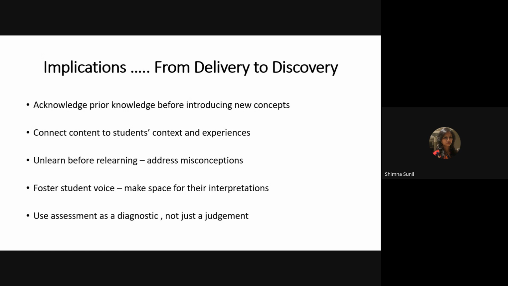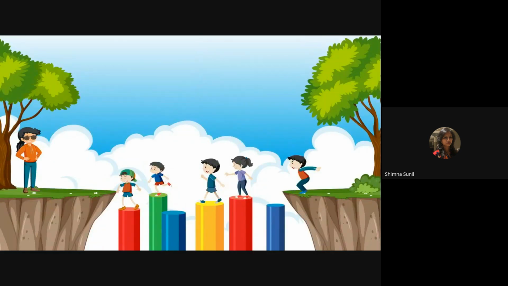Moving on further, I found a beautiful picture of a happy classroom, a happy teacher and happy children. You can see the level of the children is different at every point: the first child is at a lower level, the second child is a little bit higher, and then the other children.